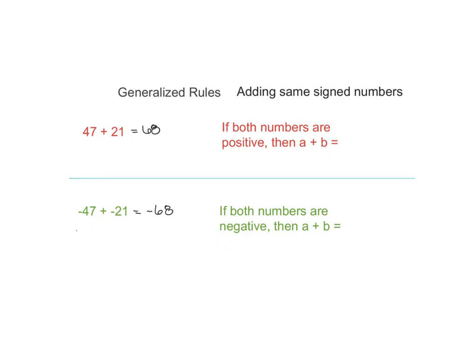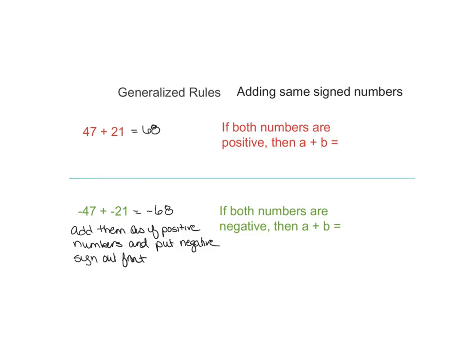And you might have said something like, well, I'm just going to add them as if they were positive, and put a negative sign out front. That's what most young kids or middle school kids would say. So how do I write this notation?